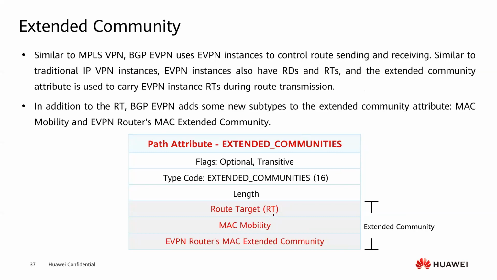For example, we define the MAC mobility, and we also define the EVPN router's MAC extended community, which is a new extended community. And we also have another extended community I thought you should be very familiar with: the RT, the route target values. What is it used for? Just like how you use the RT value in the MPLS network, the way and the function are the same.